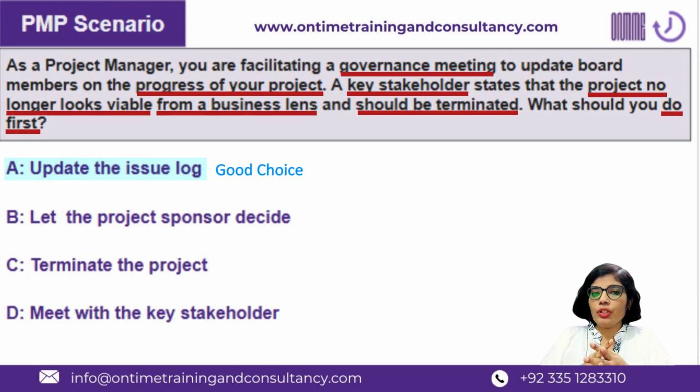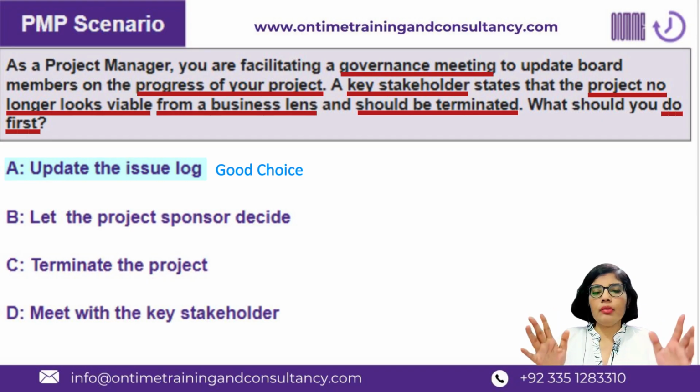Please keep in consideration that a key stakeholder, like the sponsor, the chairman of the governance board, a regulatory member, or someone influential, is most likely politically powerful. We cannot assume that just because he's saying so, we proceed with premature project closure and the project is not viable anymore.